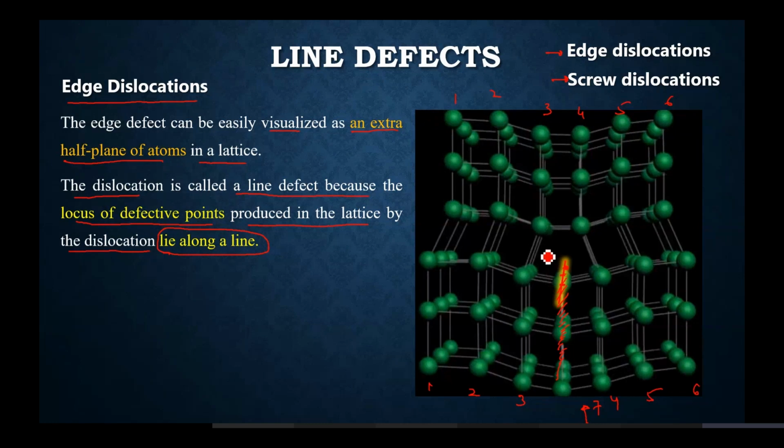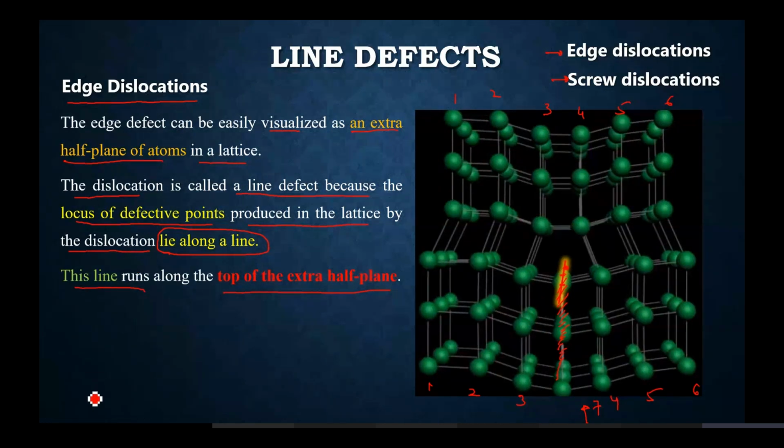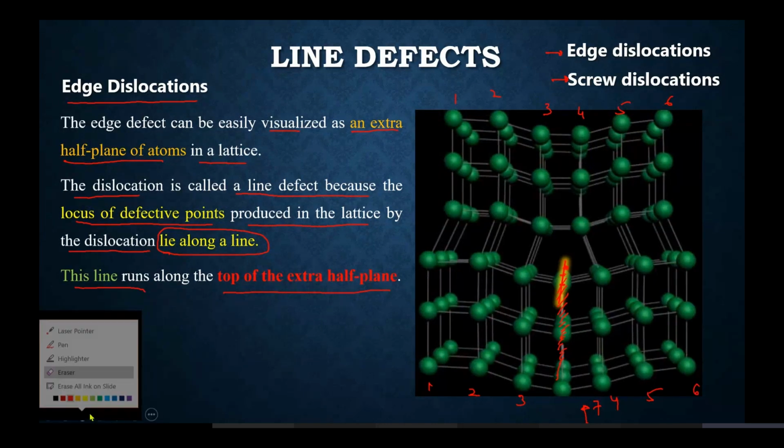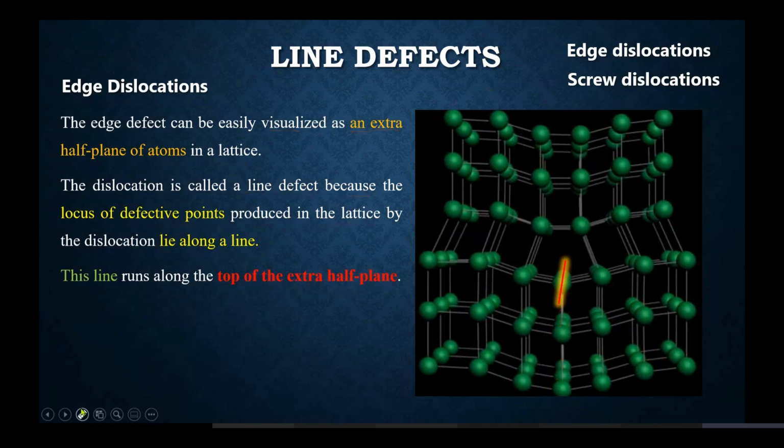That's why this is known as a line defect. And this line runs along the top of the extra half plane. If we have a look at this line, this line is actually running on top of the extra half plane that is there within the lattice.